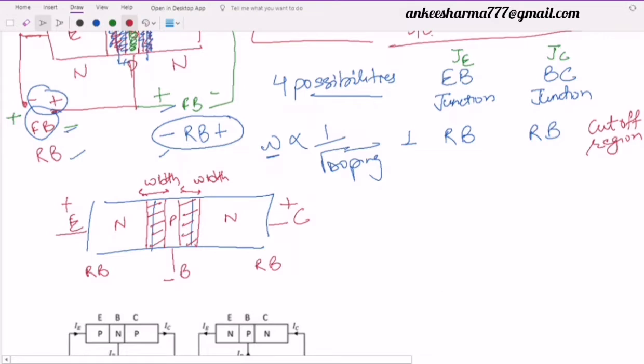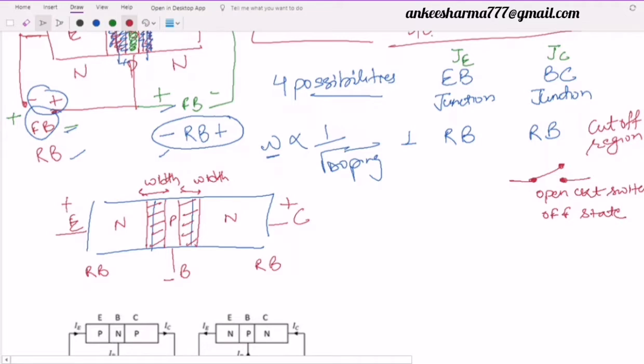Whereas if I talk about the ideal case, I will say there will be no flow of current, or the current is zero. If it is acting as a switch, then in this mode it will act as an open circuit or open switch, or it is simply in the off state.